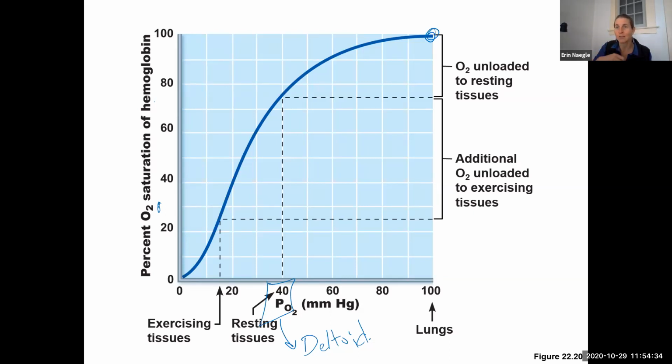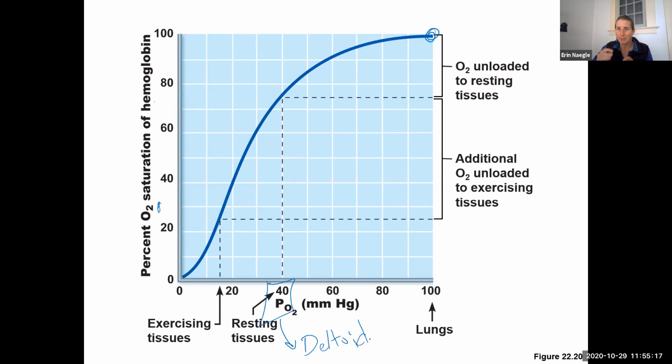It's still using that oxygen to make ATP. As that blood travels from your lungs through the left side of your heart, out through your aorta, and then through a series of blood vessels to your deltoid, once that blood enters that capillary bed, what is the percent saturation of hemoglobin? It's still at 100%, right? No gas exchange is happening until we get to the capillary bed.